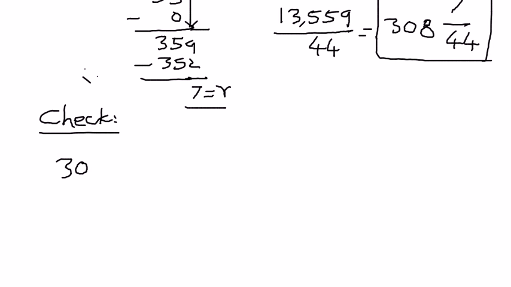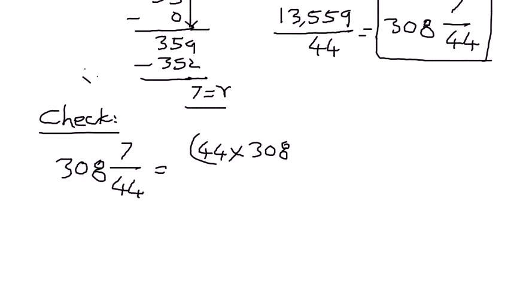When we perform the check, we're going to come up with the original problem. 308 7 over 44. So we take the denominator of the fraction, multiply it by the number on the side, which is 308, take the product of that and then add it to the 7, which is the numerator, divided by 44. So when we simplify this, this is how it's going to come out.